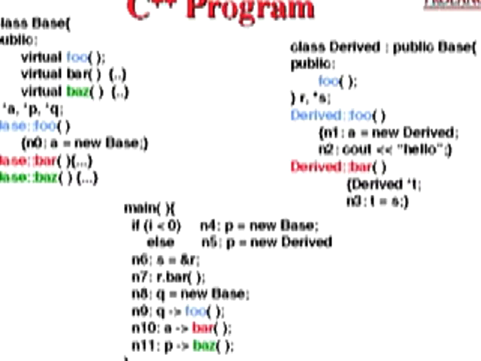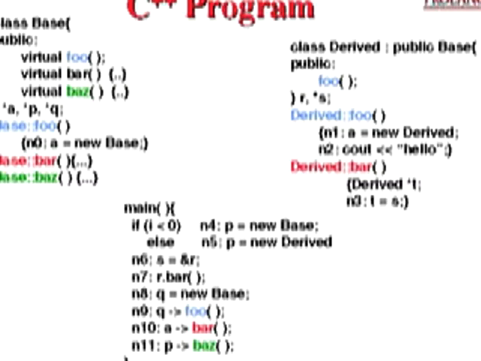So our analyses are aimed at trying to come up with a better way of figuring out what small set of types Q could be at this point, and then enabling a better translation of this code, avoiding the runtime check insofar as it's possible, or at least making it a more efficient runtime check. So for example, in our analysis, we can see that at this statement, Q is created as a new type-based object, and therefore, when execution hits N9 here, we know that this has to be a call of this foo over here, the appropriate operation foo for the base object type.